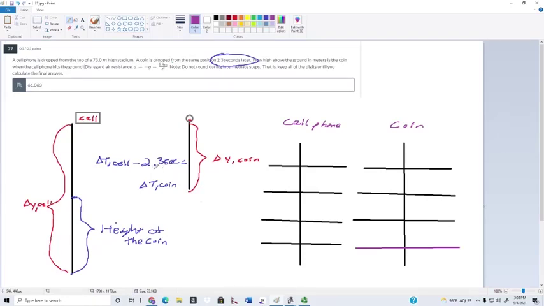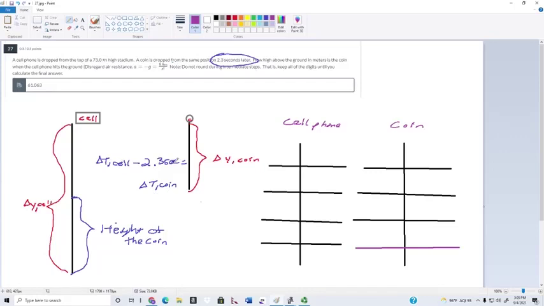So when you think about it, if you subtract that number from the time it takes for the cell phone to drop all the way to the ground, then the amount of time that's left for the cell phone to fall to the ground would be the number you have for the coin, if that makes sense.